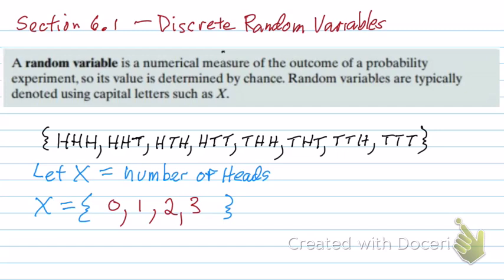All right, so this is the set of outcomes I've got. We're just calling that X. X is the number of heads. I could have said let X be the number of tails. But we're just letting it equal the number of heads. X is a random variable, meaning it's just standing for the number of things that I'm looking for. That's all it means.